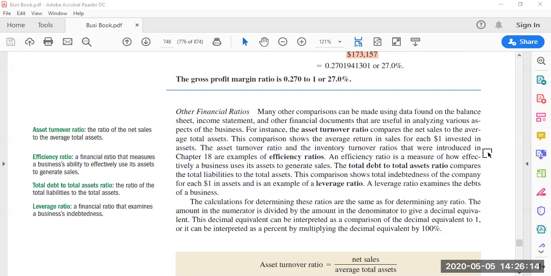So how well are your sales supporting the ability to purchase the raw materials and other items that you need to create your finished product that you then sell? So it's a connection. This asset turnover ratio, how fast are your assets turning over in the production of business?